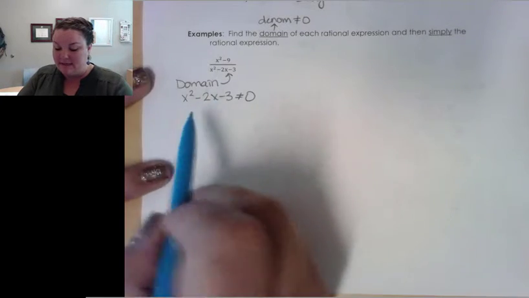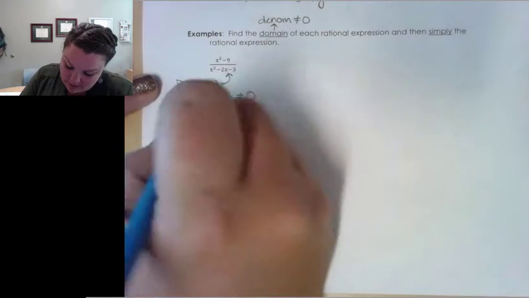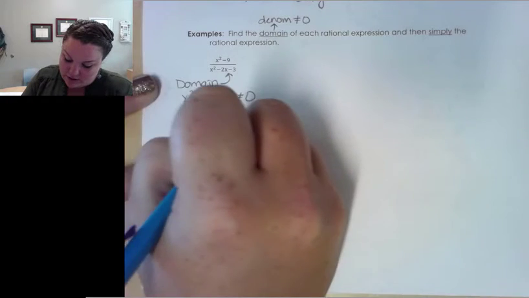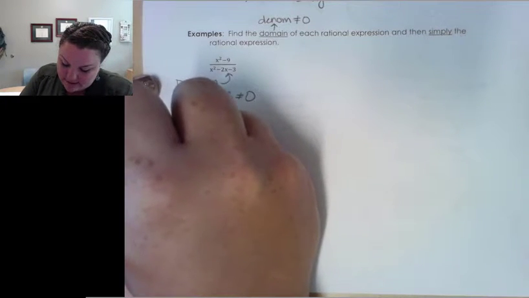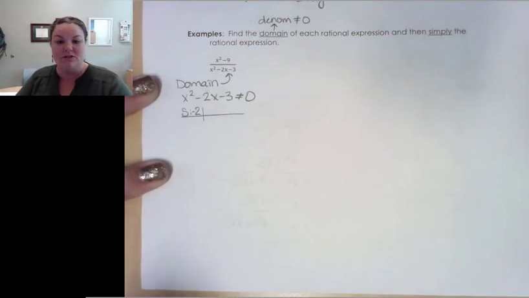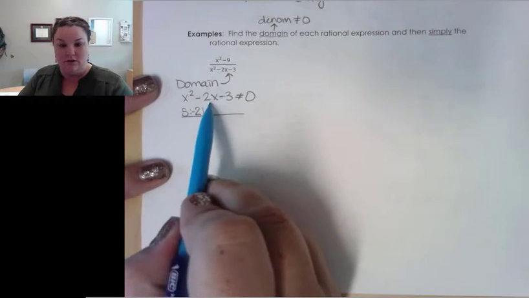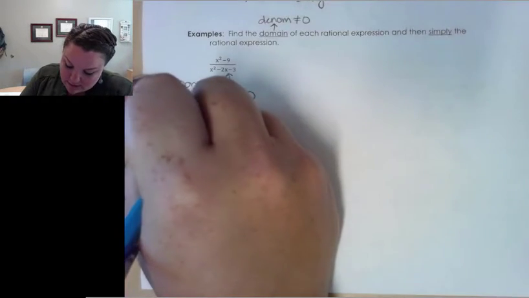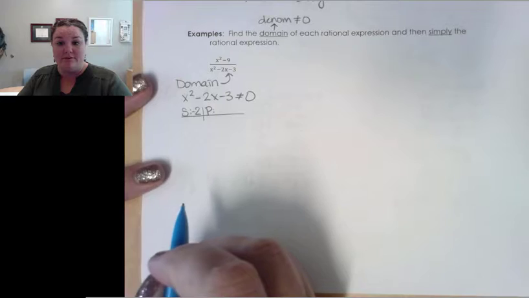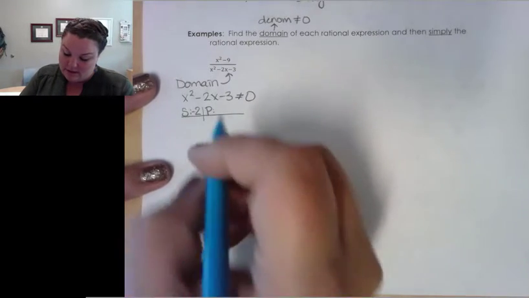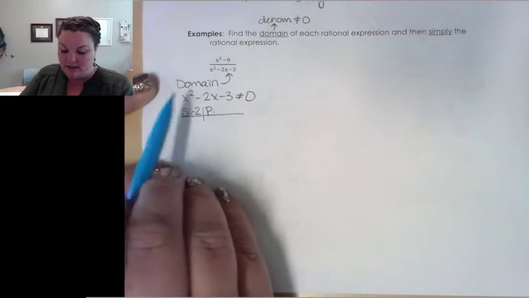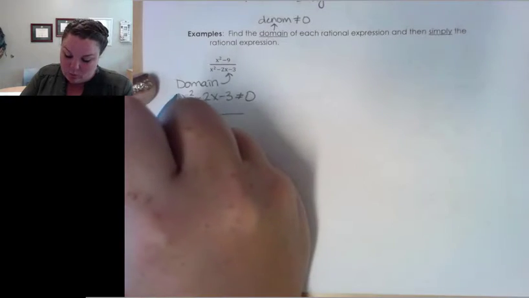Since it is a 3-term polynomial, I'm going to go ahead and do the sum product chart. My sum is my middle coefficient, which in this case is a -2. And my product is my first coefficient times my last. My first coefficient here, if there's nothing written there, is an implied 1.